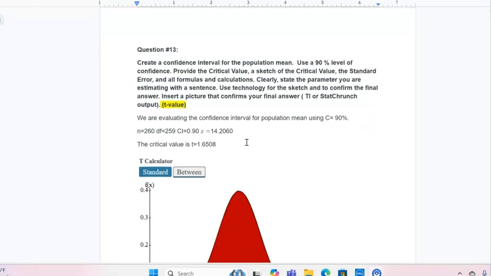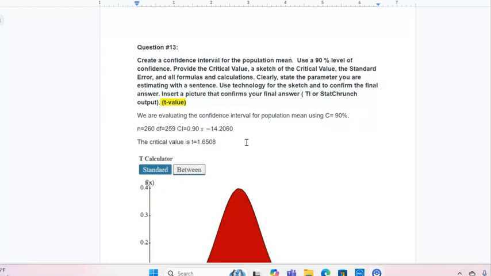Moving on to question 13. Creating a confidence interval for the population mean, using the confidence level of 90%. We had to find the critical values, sketch the critical values, and then find the standard deviation or standard error with all formulas.